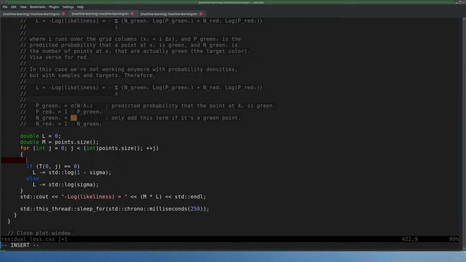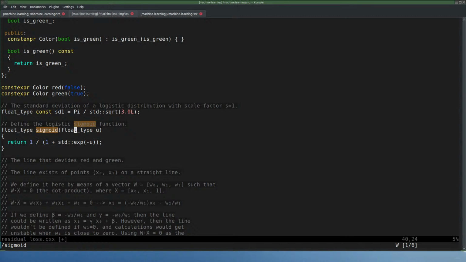Well, we have to calculate the sigma still. The sigma is the sigmoid function. I think I have that. I have a function called sigmoid, right? Of course I do. Yep.